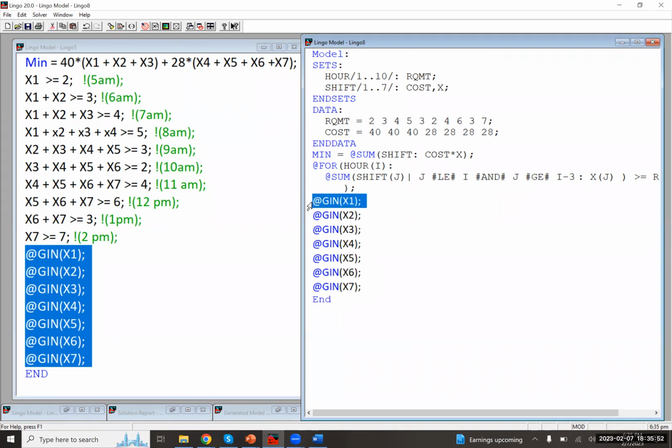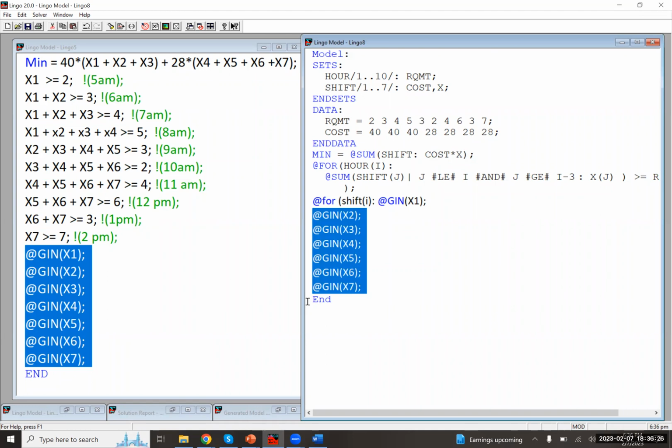But let's use the @FOR looping function, so that instead of explicitly mentioning this 7 times, we use the @FOR looping function over shift I, with only one expression. You can complete that.